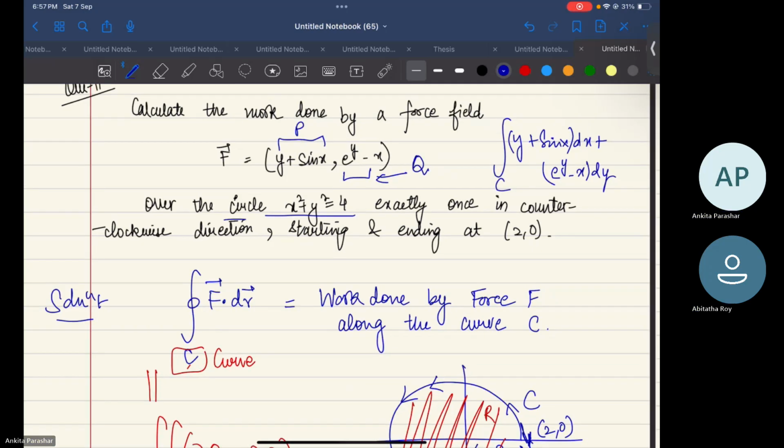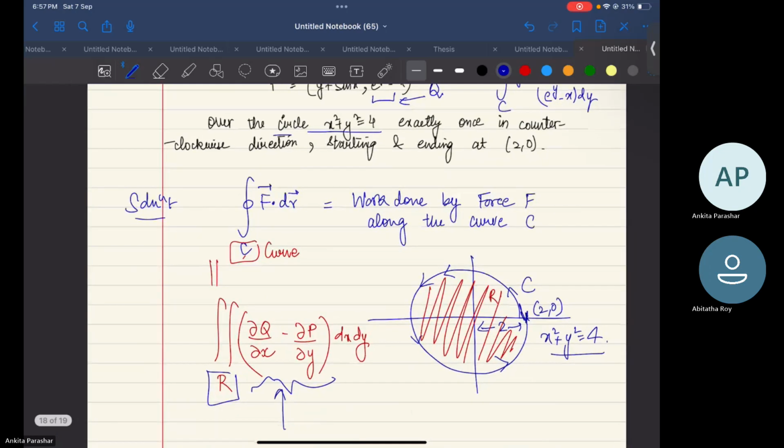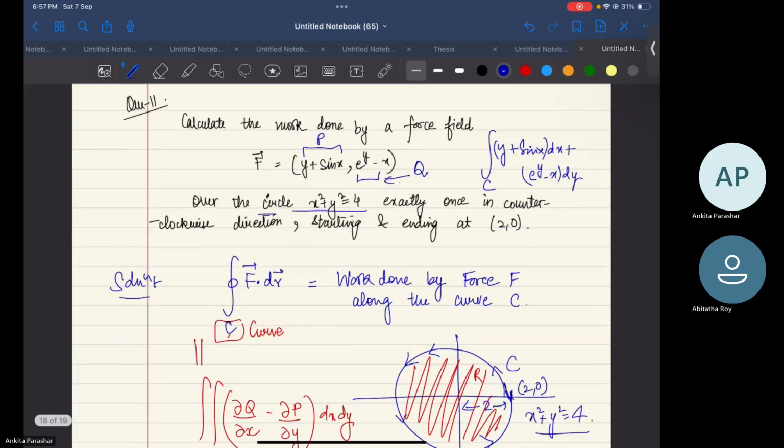So the function inside the integral would be minus 2 dx dy.